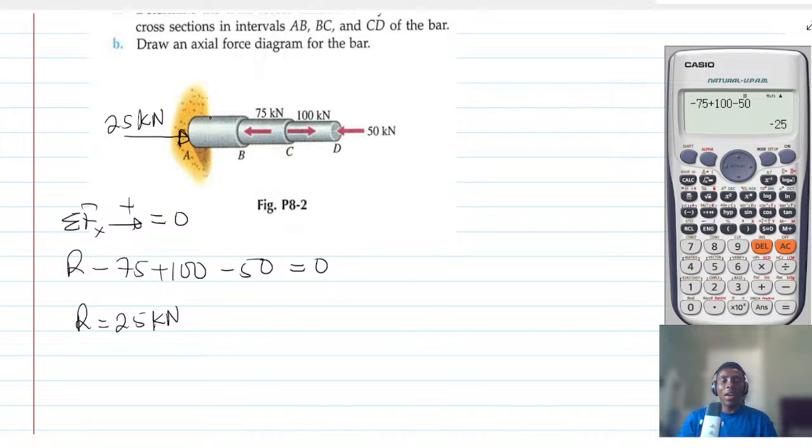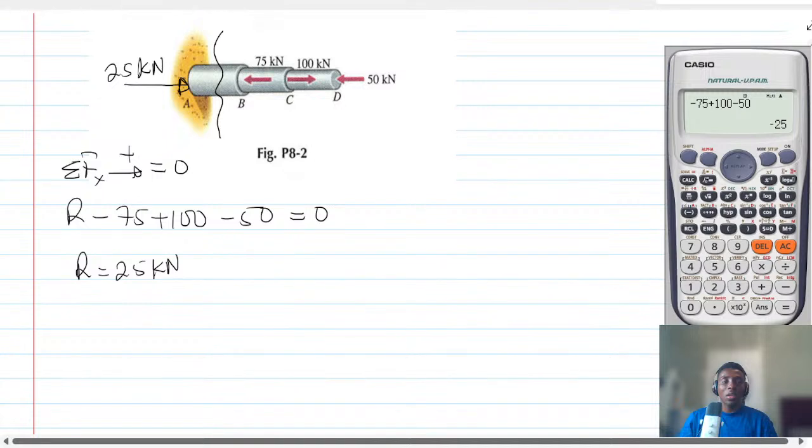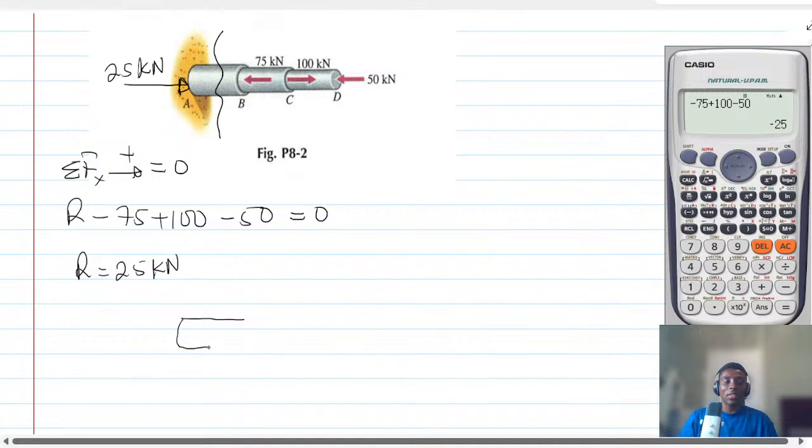Now, if you want to find the force in this member AB, all you have to do is to cut this member. If you cut this member here, this is what you are going to get, something like this, and then here will be 25 kilonewton.